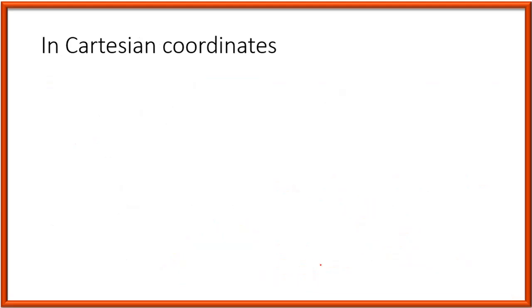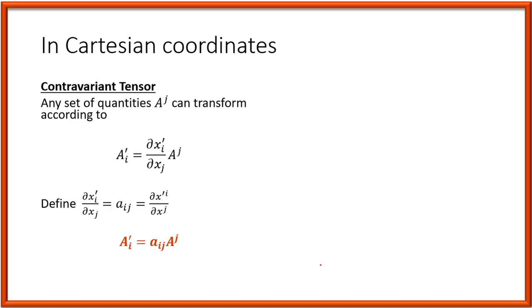Now, there are certain exemptions in the Cartesian coordinate. So far we have learned how it looks in the general coordinate system. In the Cartesian coordinate or in the orthogonal coordinate system, we have certain exemptions here. So the contravariant vector aj, we have defined as a vector which can transform according to this equation. That is, j comes to the denominator.